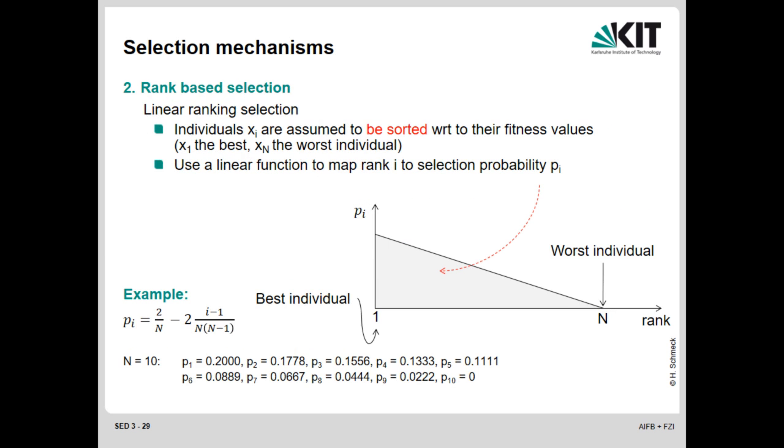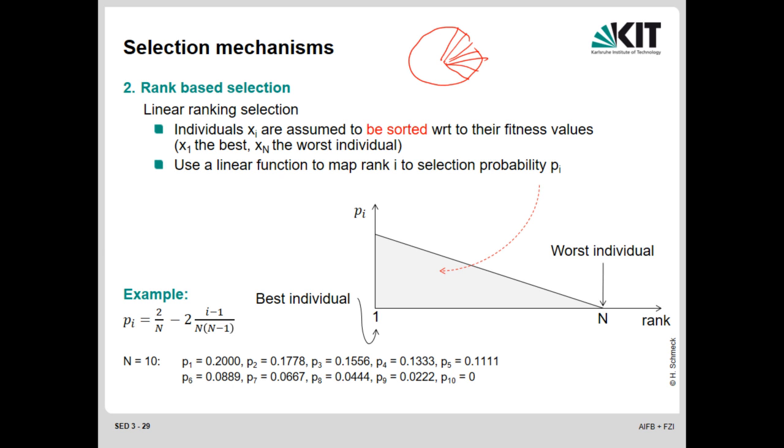Then there is the so-called rank-based selection. The problem with the fitness-based or the roulette wheel selection is if you have, for example, a very large sector and all the remaining elements are small, then this one element having a very large fitness compared to the others will get selected almost exclusively.